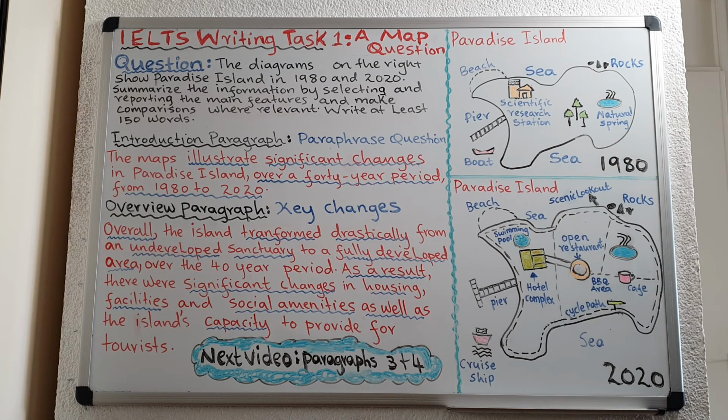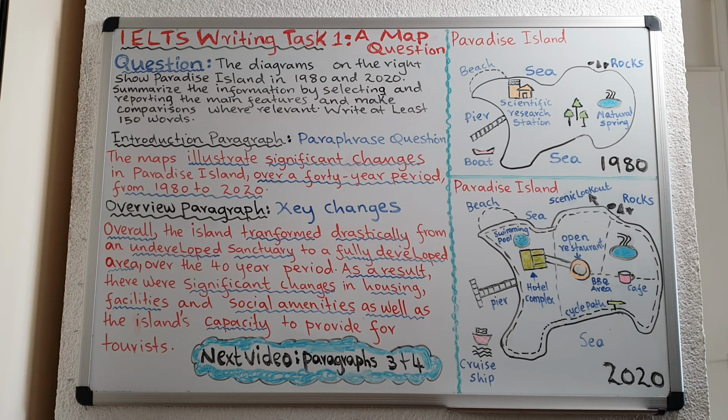You have a cruise ship that visits Paradise Island, and they want to make sure that there are social amenities and facilities to take care of the tourists. That's why they built a swimming pool, hotel complex, a cycle path, for example, for people to cycle. There's a cafe, there's a barbecue area, and there is an open restaurant.